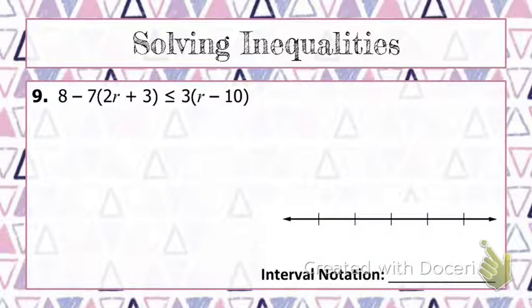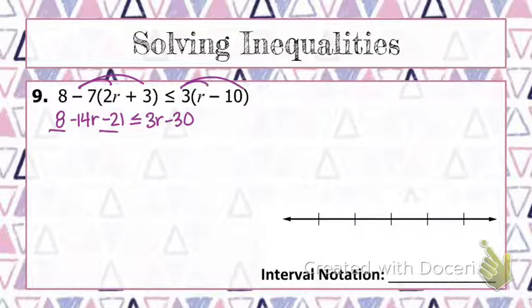Okay, let's try another one. Distribute. 8 minus 14r minus 21 is less than or equal to 3r minus 30. Okay, so hang on. We have to combine like terms on this side first.